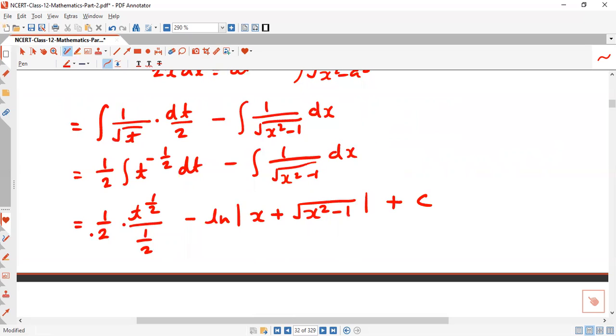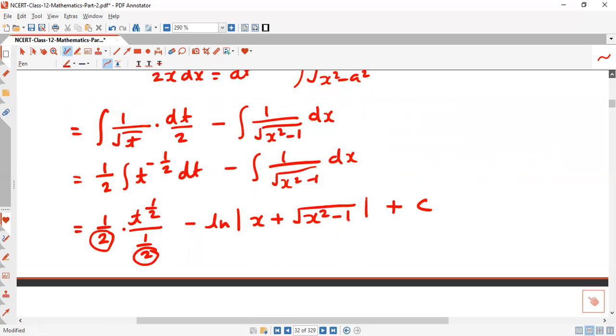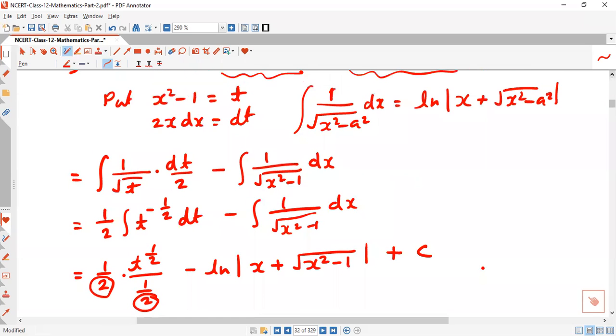Now we see this one, this 2 and this 2 will be cancelled out. So what we have is only t raised to half. And what is the value of t? We also put the value of t here. t equal to x square minus 1.